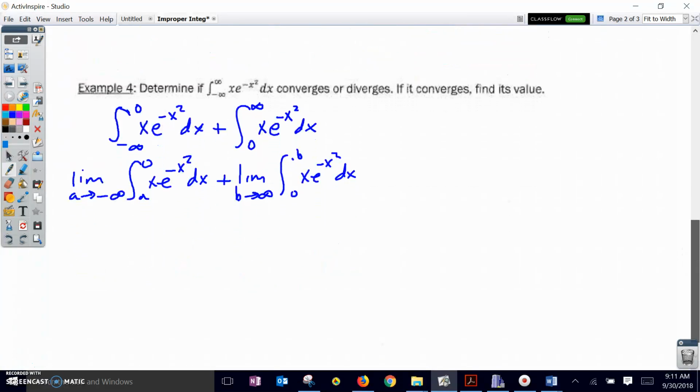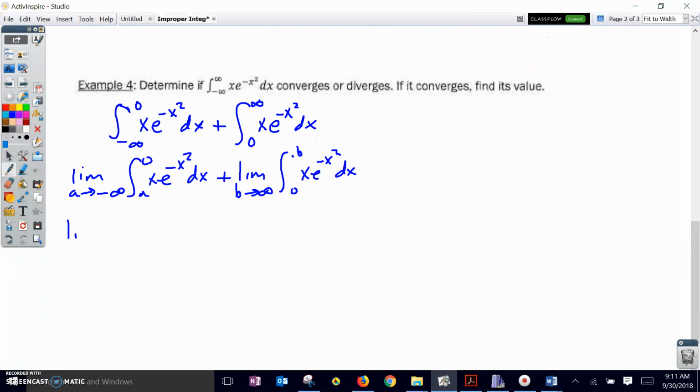So let's go ahead now. We'll find the antiderivative of both of these. Let's see, the antiderivative of x e to the negative x squared. We would handle that using substitution. u equals negative x squared. So du is negative 2x dx.